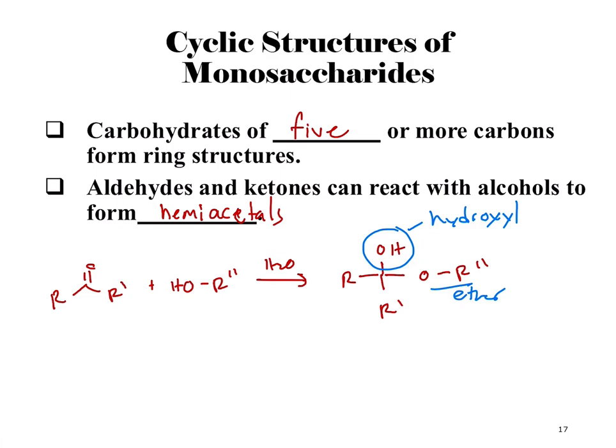And I wouldn't stress about this reaction. This isn't a reaction that I'm going to give you guys to predict the products for. This is just to give you an understanding of how we form these ring structures. And so this could be a ketone or an aldehyde. If it's an aldehyde, it just means one of these R groups is going to be a hydrogen or replaced by a hydrogen.